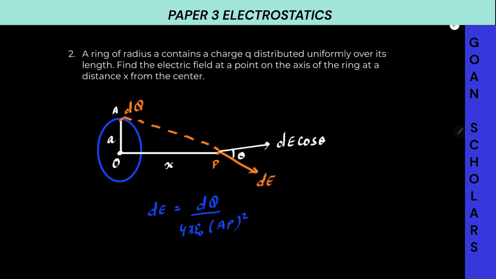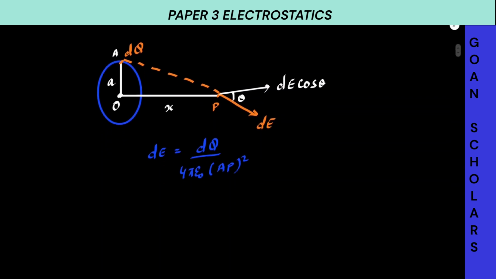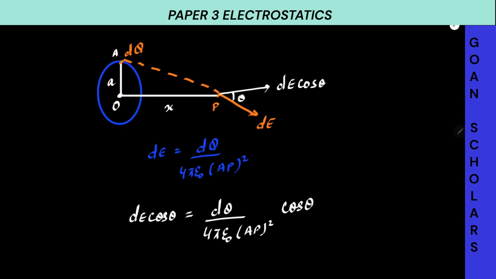Great. Now this is dE, but our net electric field is along the x-axis, so dE cos theta. So dE cos theta will be equal to dq upon 4 pi epsilon naught AP squared, and cos of angle theta.